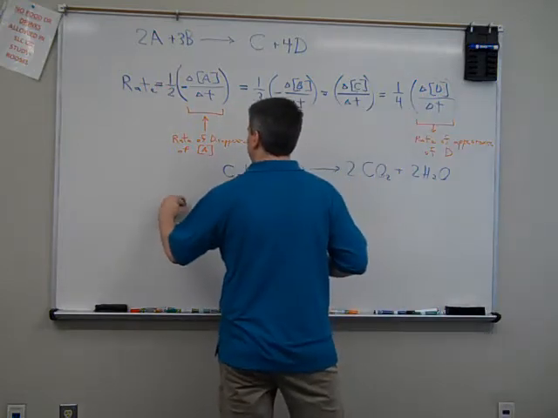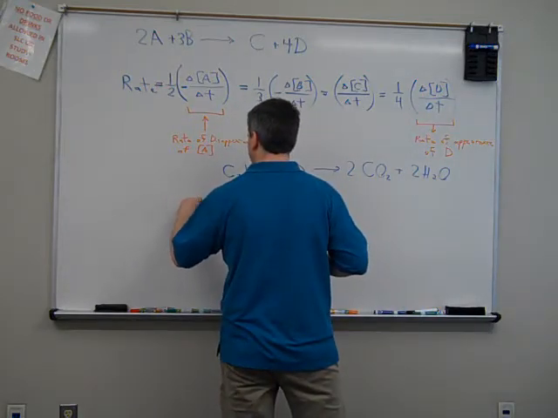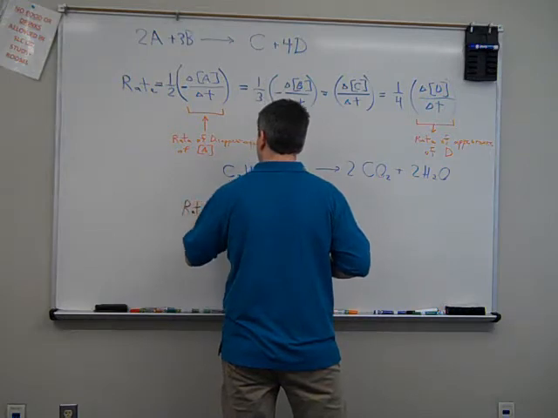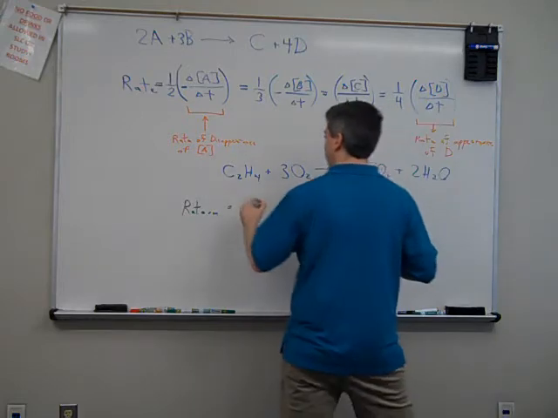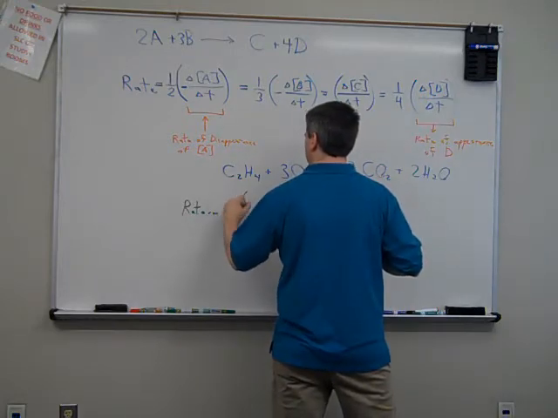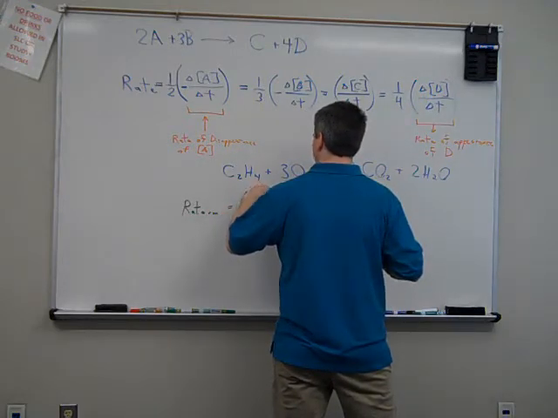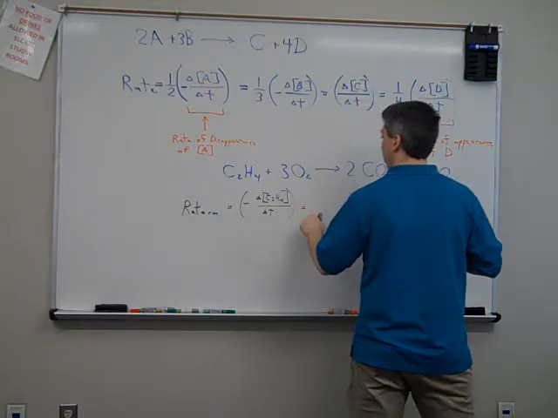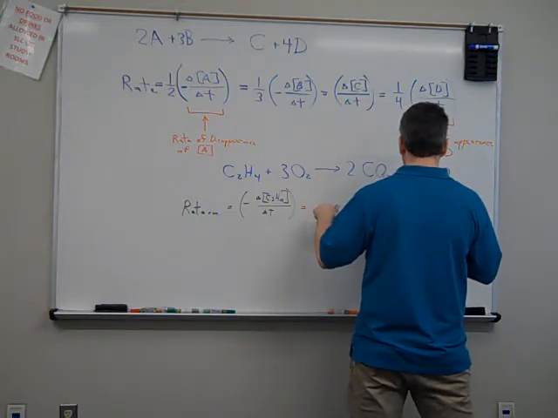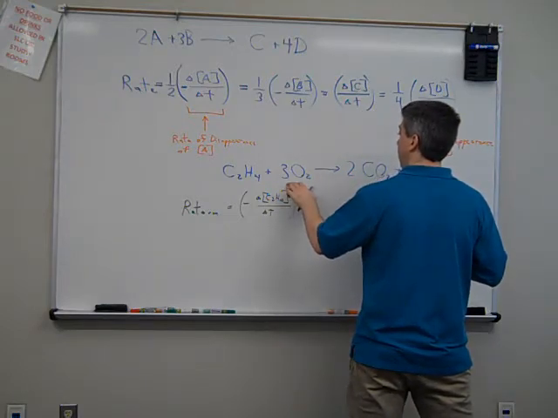So I can say that the rate of this reaction is equal to negative delta C2H4 over delta T, which is equal to, if I have to compare this to CO2 and H2O, I'm not going to worry about the oxygen.